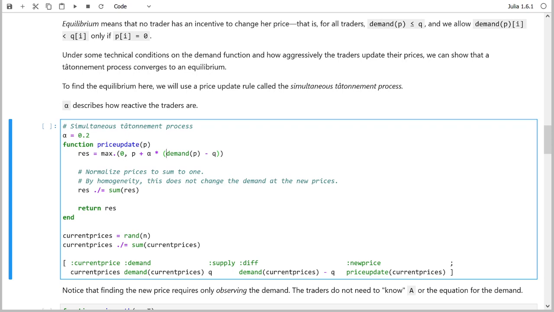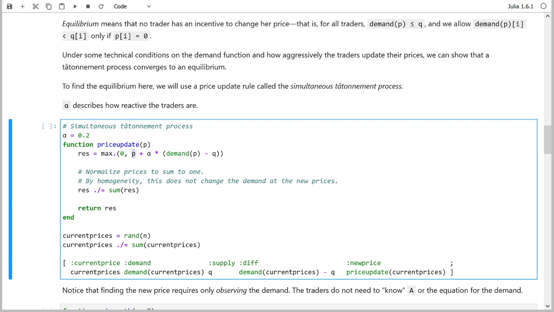The sum of the demand we know is always 1 by our Walrasian assumption. And likewise, the sum of the supply is also 1. So this part in parentheses is going to be 0 always when we sum across all of the goods. And therefore, this price update does not change the total sum of the prices at all.